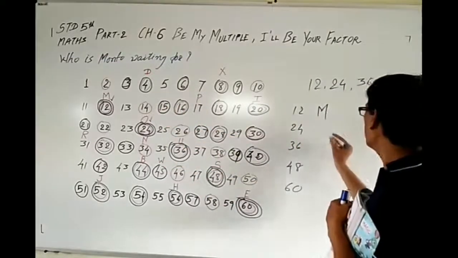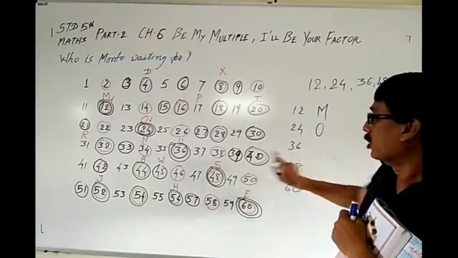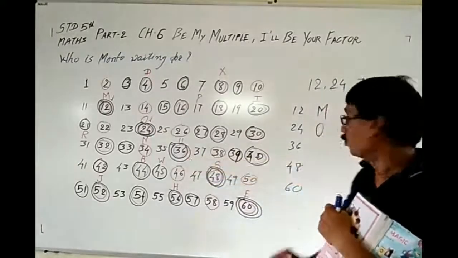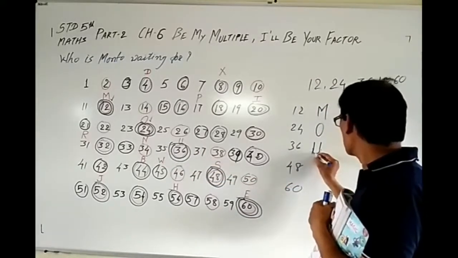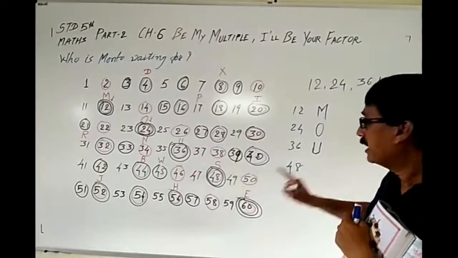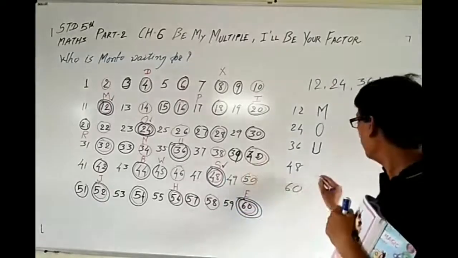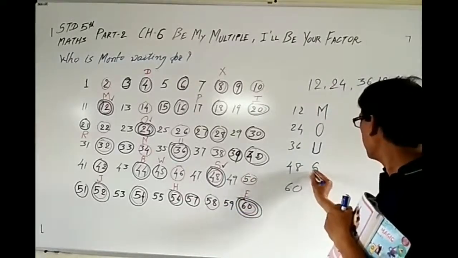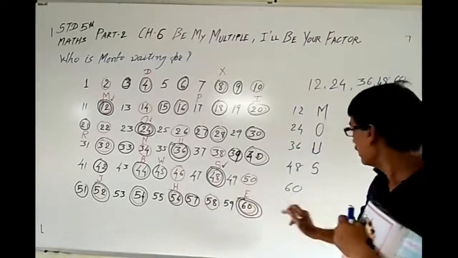So on 24 it is O. Then after 36, on 36 it is U. So let me write U over here. Then 48, on 48 it is S. So let me write S. Then after, on 60 it is E.